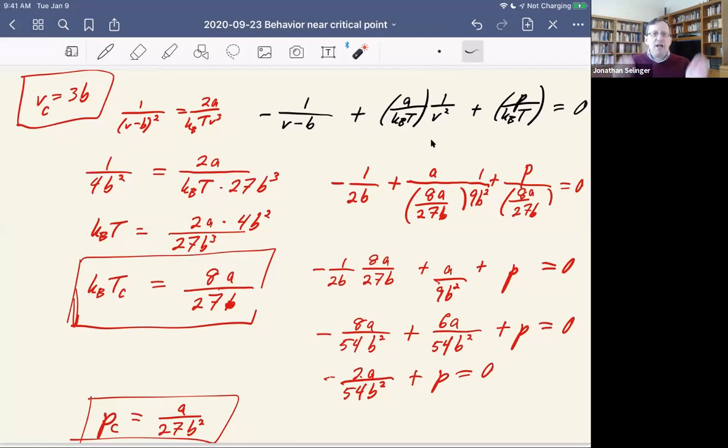It's really flat, so it has a minimum at that critical volume, but a very flat minimum. And so the system will have big density fluctuations, big volume fluctuations. That's one of the features of a critical point. Absolutely, good point.